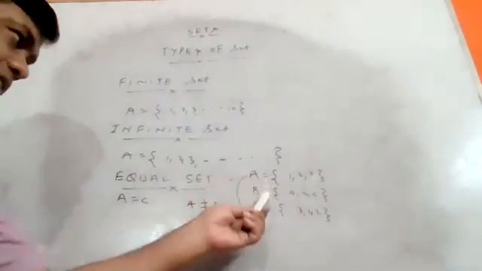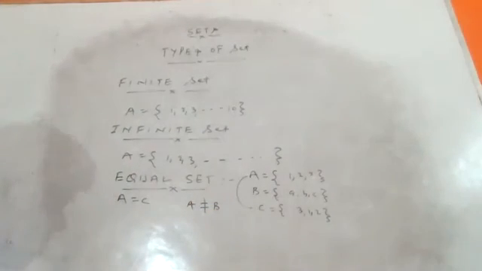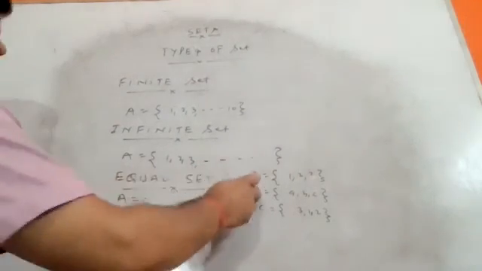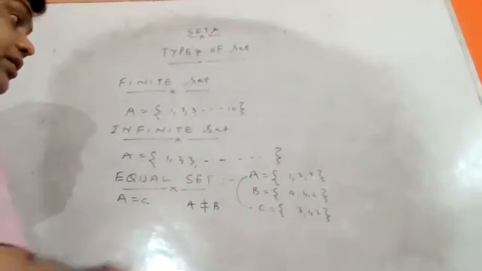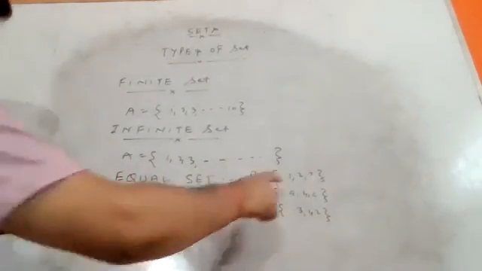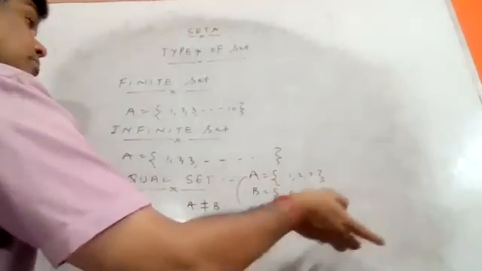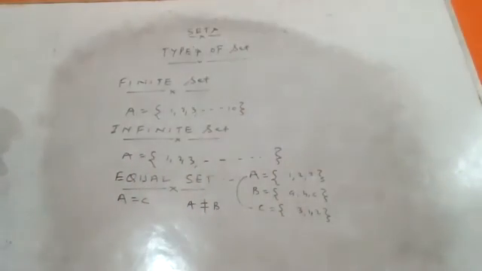So in that case, what we observe about A and B is that they are equivalent sets. Equivalent sets are those where the frequency of the elements is the same. Here is 1, 2, 3, here is also three elements. But if they have exactly the same elements, then they are said to be equal sets.